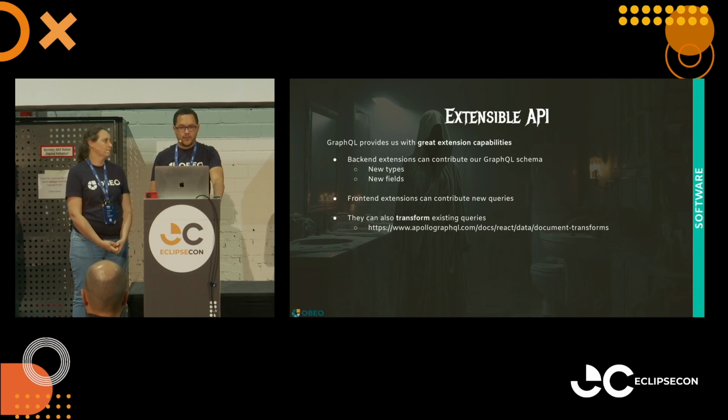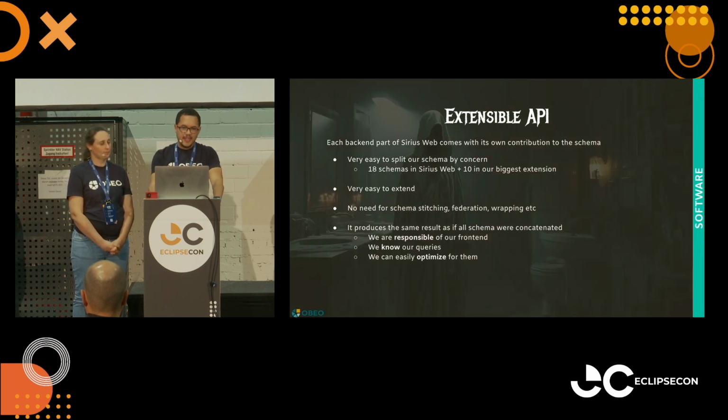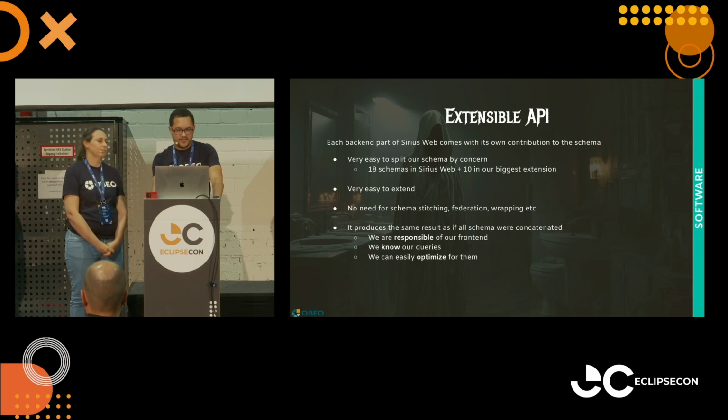In the front end, we can also dynamically add new React components, which can come with new queries, or we can even change the behavior of existing ones to accommodate evolving requirements. Every big part of Sirius Web comes with its own contribution to the GraphQL schema. We have close to 20 parts of the GraphQL schema in the backend of Sirius Web today.